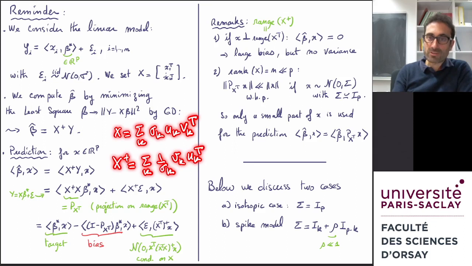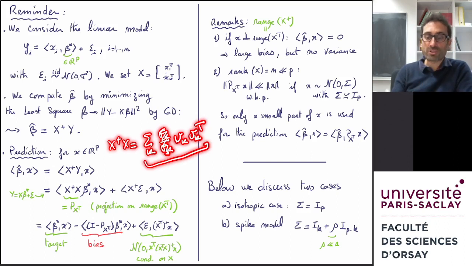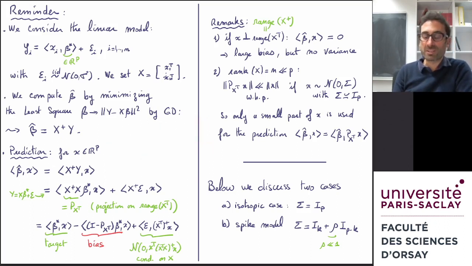If you take the product of the two matrices, you end up with X plus X equal to the sum over k of sigma_k over sigma_k, which is 1, times v_k v_k transpose. So at the end you obtain the projection on the range of X transpose.